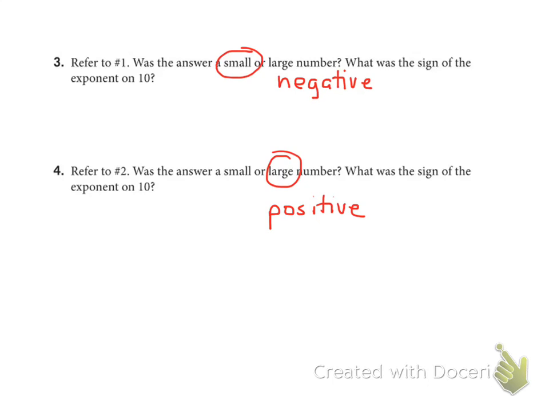What's wrong with the third one? 0.9 times 10 to the 12th. No, not negative.